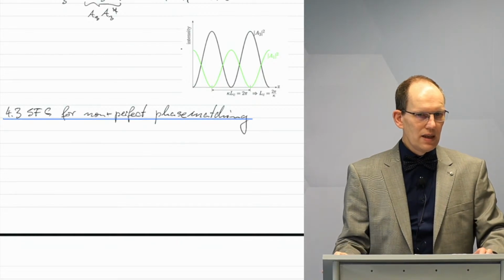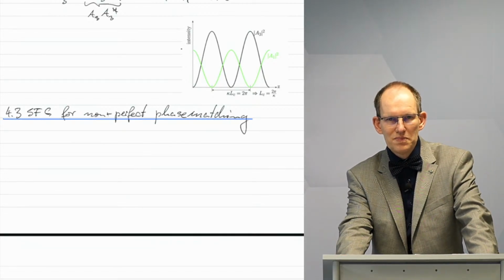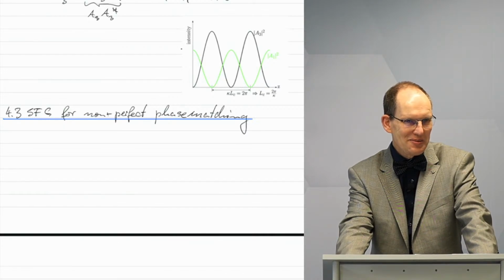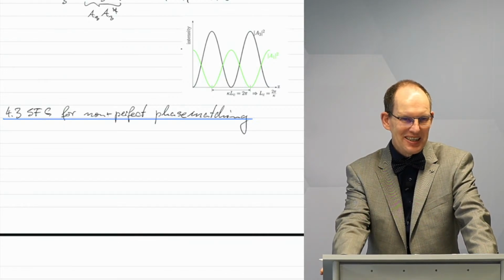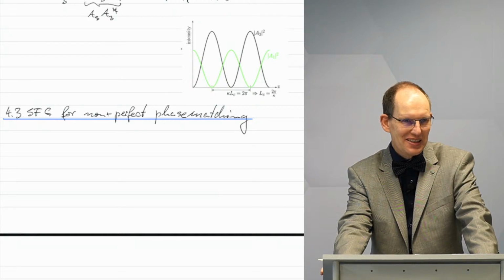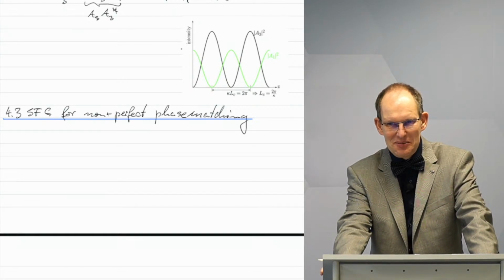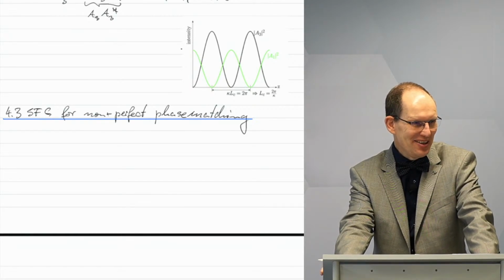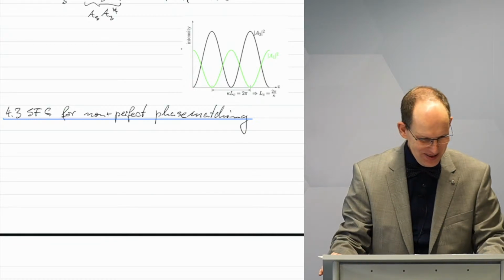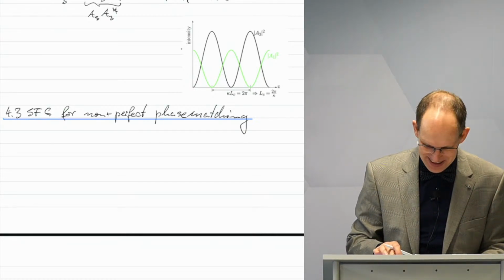Well, if you knew resonance fluorescence and Rabi oscillations, you probably would have a good guess on what comes out. But apparently you don't, and therefore we need to do the calculation.